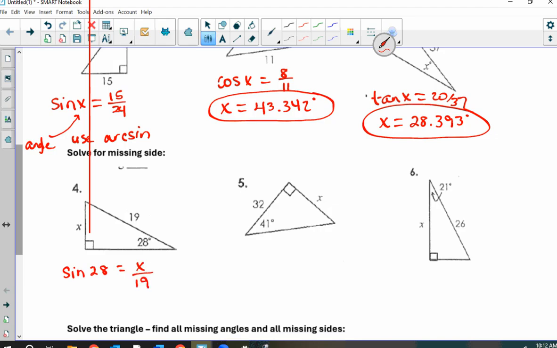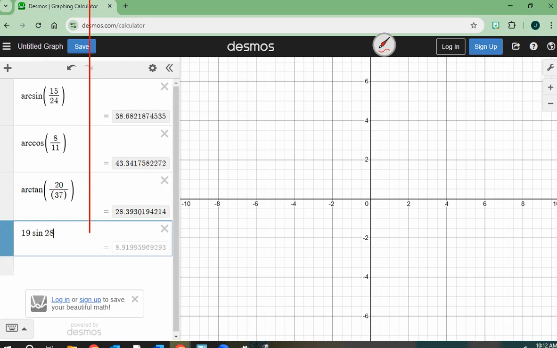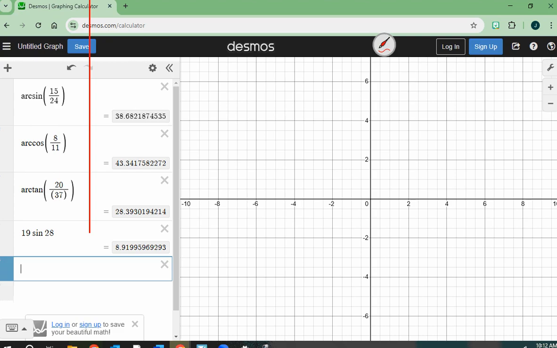So algebraically, how do I solve that for x? So you multiply sine 28 by 19. Yep. Did we get 8.920 if you round to 3 decimal places? Okay.